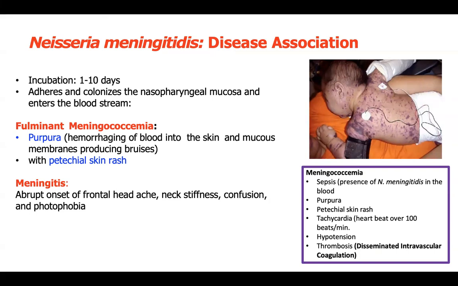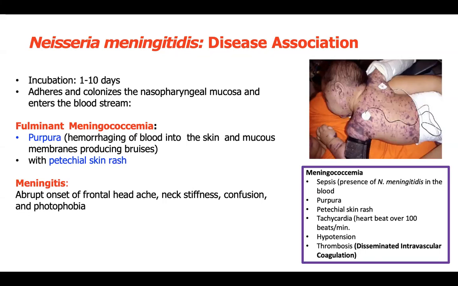Okay? Ang disease na usually associated is, of course, meningitis. No? Characterized by abrupt onset of frontal headache, neck stiffness, confusion, o parang litong-lito, and photophobia. Okay? And then eventually, pag nagkaroon ng sepsis, nagka-meningitis tapos hindi na-treat properly, it may progress to meningococcemia.